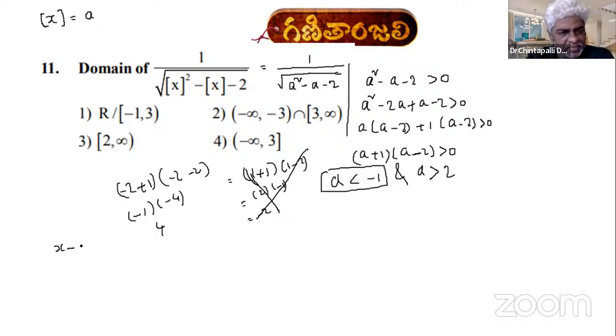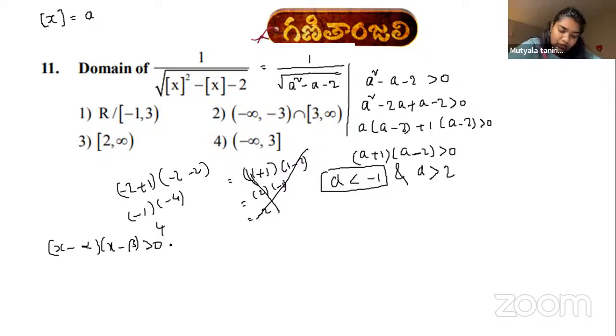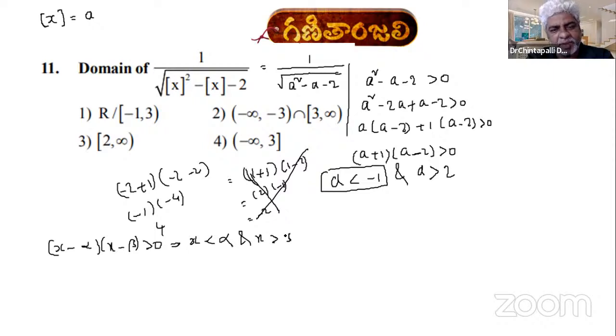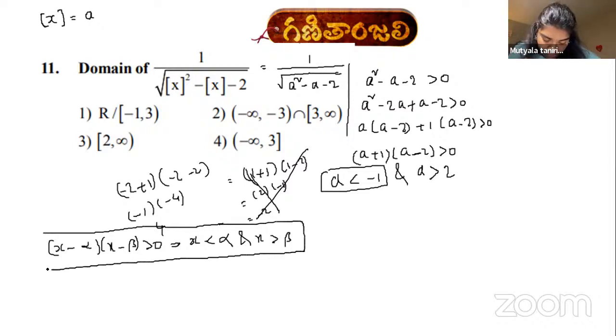That formula is (x minus alpha) times (x minus beta) is greater than 0, right? Yes, sir. It is true for x less than alpha and x greater than beta. This is a direct formula. We can use it.